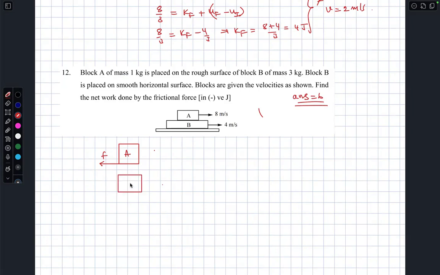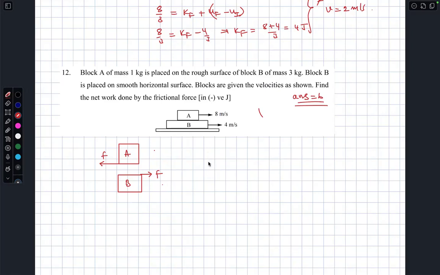B obviously will experience a forward frictional force till some time. Thereafter, both will attain some common velocity, and thereafter there is no friction. Both will move together with that velocity. That is the first observation.